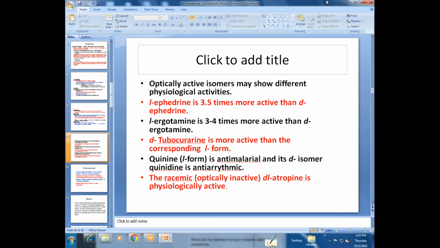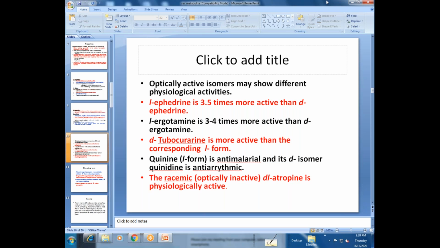Ephedrine existing in the levo form and the D form will both have different actions sometimes, or the amount of physiological activity will be different. Like L-ephedrine, the levo isomer of ephedrine, is 3.5 times more active than dextroephedrine.